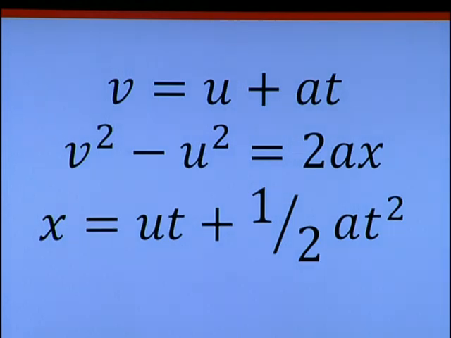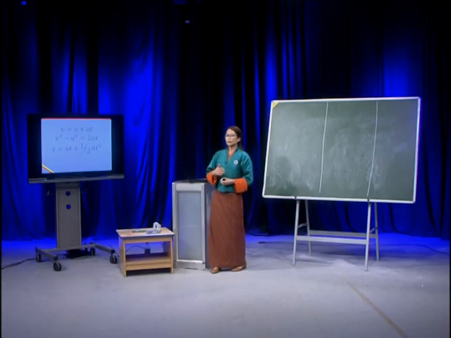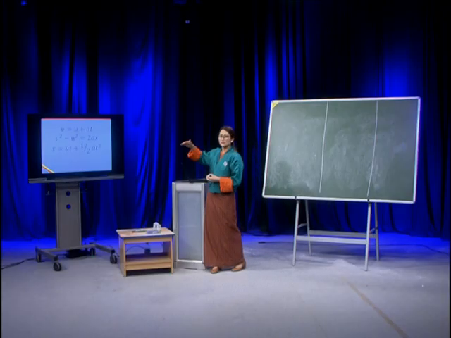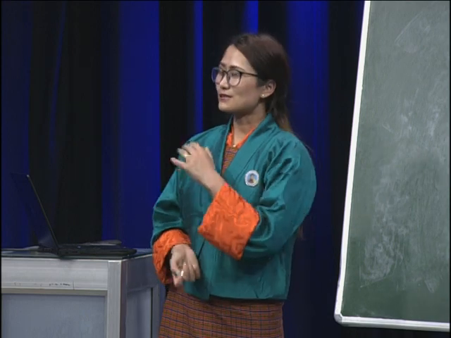So today in this lesson we are going to derive these 3 equations using the graphical method. There is another method where we can derive these 3 equations, and that method we call the calculus method. But in this presentation I will be using the graphical method because this is for a uniformly accelerated motion.